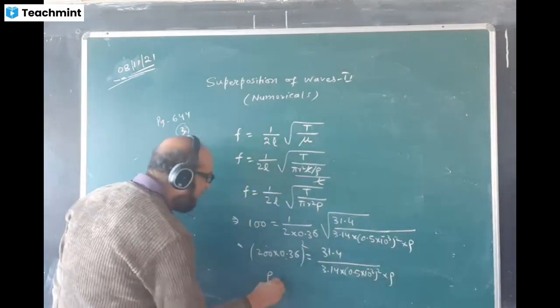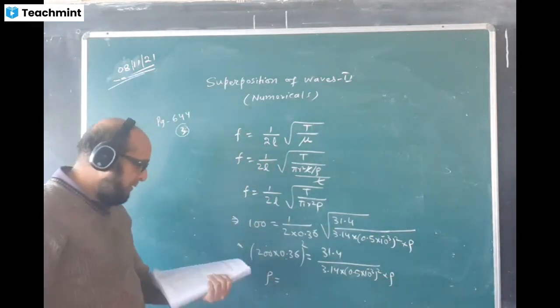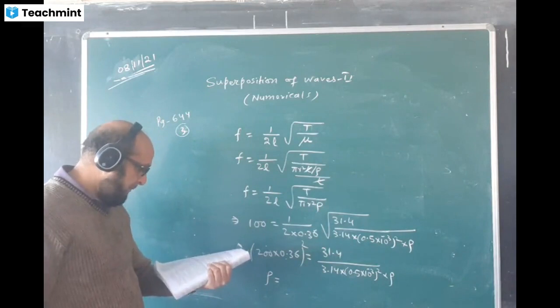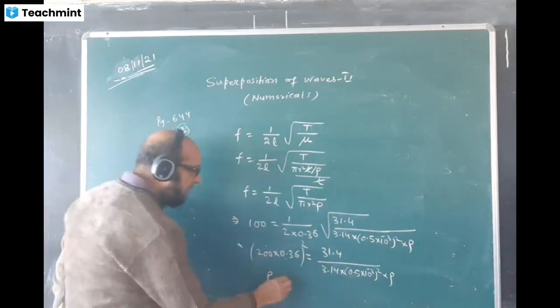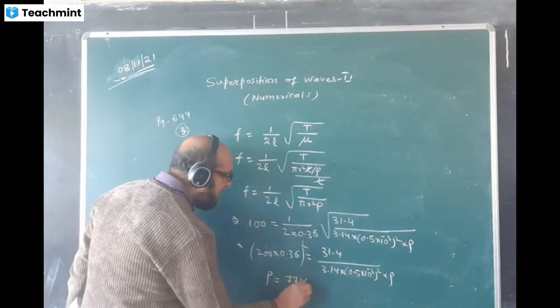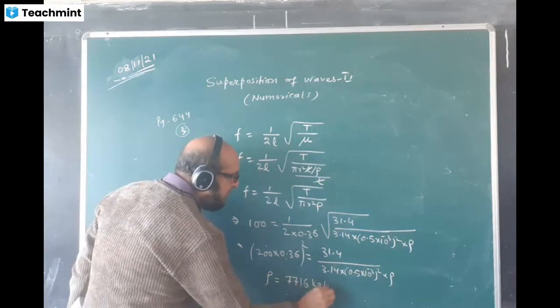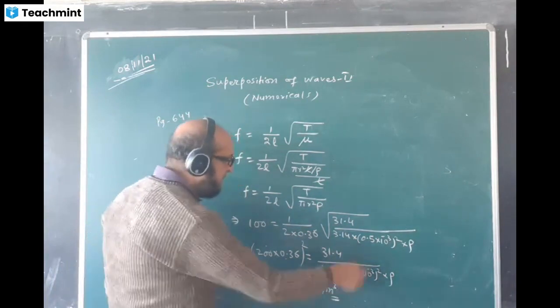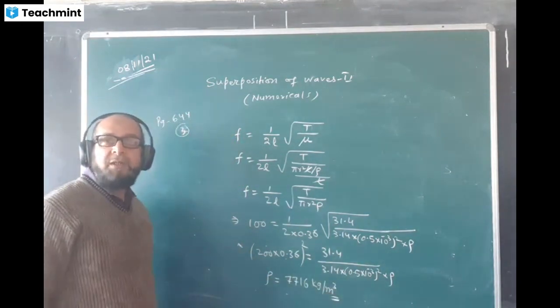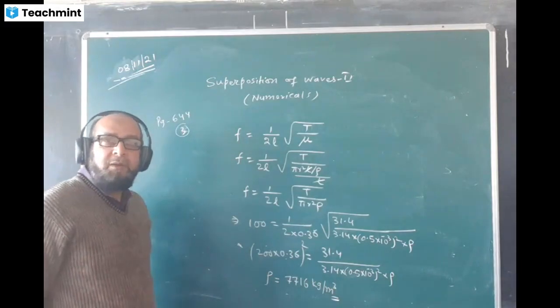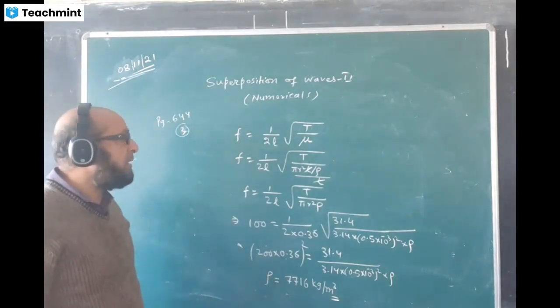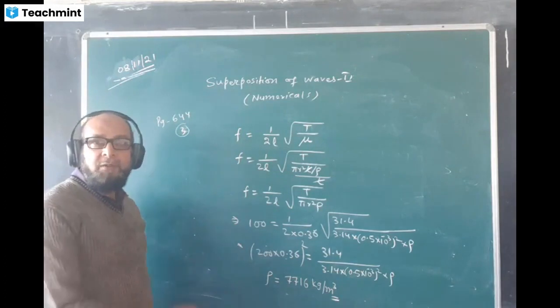Find the value of rho using this equation. I am sure the value of rho will come 7716 kg per meter cube. You can check this calculation in the calculator. Because the calculation is lengthy, you cannot do it manually, so do it in the calculator. And your answer will come this much.